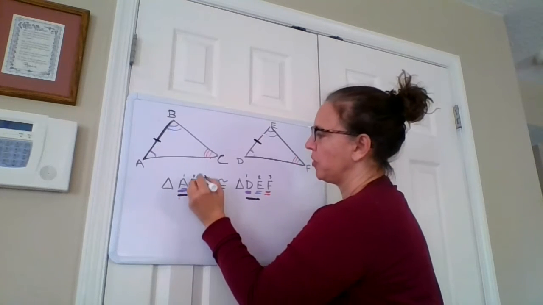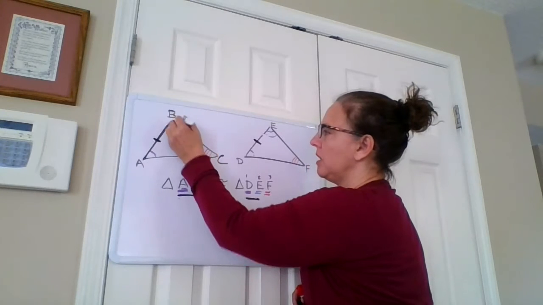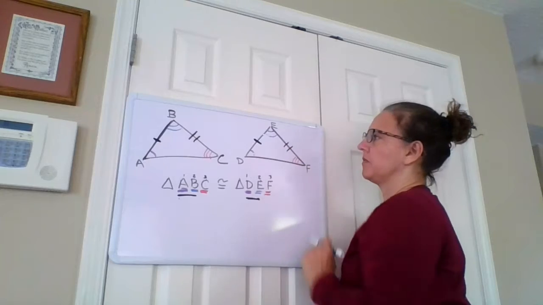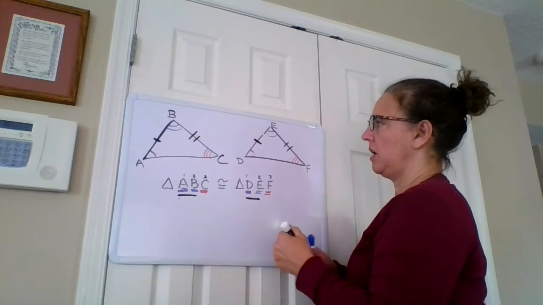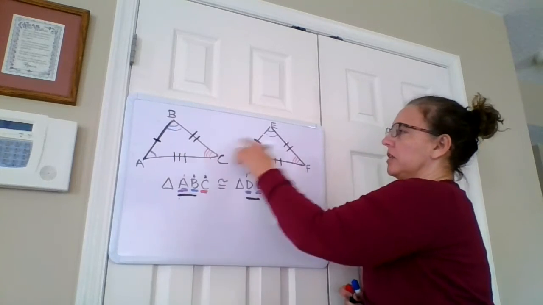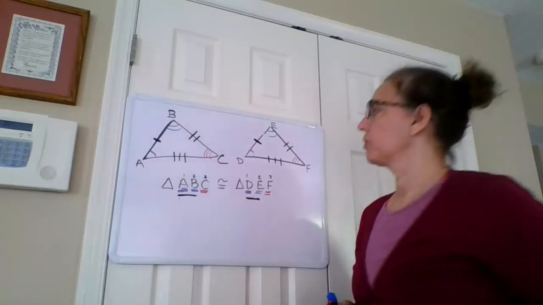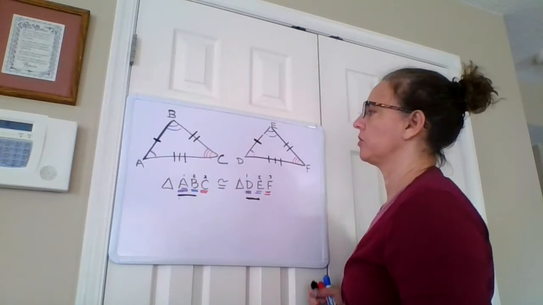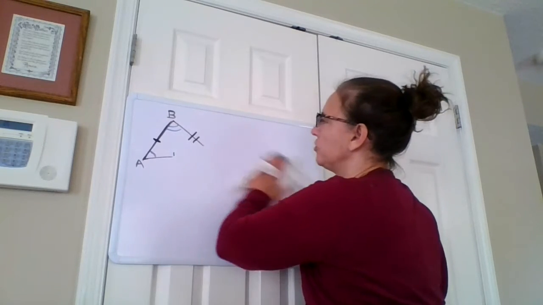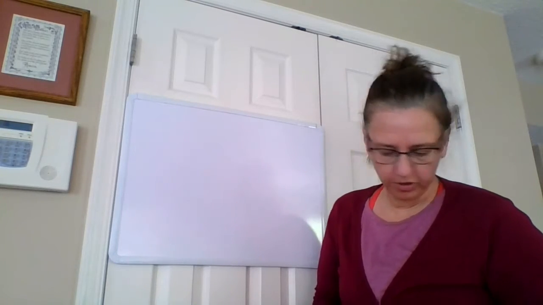Then if we move on, BC is the letters 2 and 3, is congruent to letters 2 and 3 here. And then 1, 2, 3, 1, 2, 3. These marks are how we show that triangles are congruent, how the parts of the triangles are congruent to each other. Now, we have shortcuts that allow us to prove that triangles are congruent.